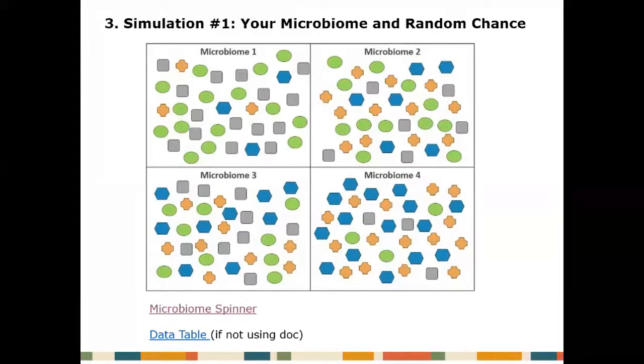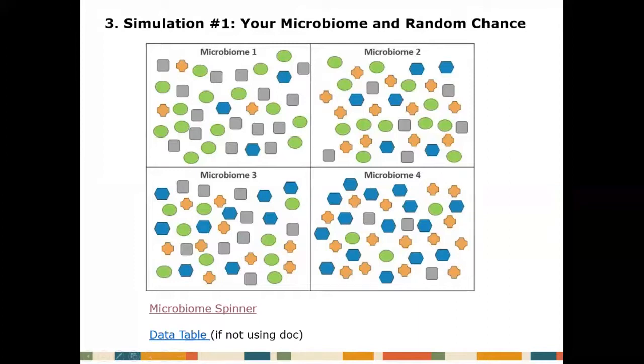On our data table, we are going to record the starting microbes in our microbiome by color. So I believe the blue is the first set. And if we look at microbiome number 1 right here, we've got 3 blue bugs. So if somebody could write a 3 in that column, that would be great.